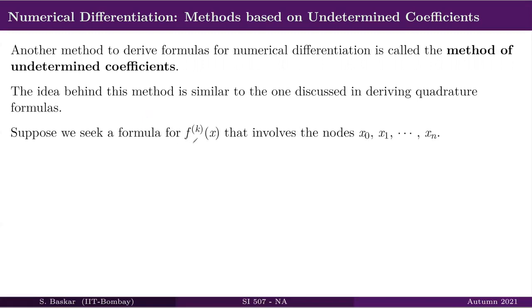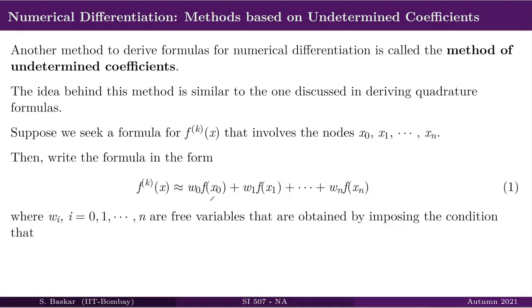Suppose we seek the formula for the kth derivative of the function f at a point x that involves n plus 1 nodes x0, x1 up to xn. Then we write this formula in a general form like this. Recall, this is the same as we had in the quadrature formula.